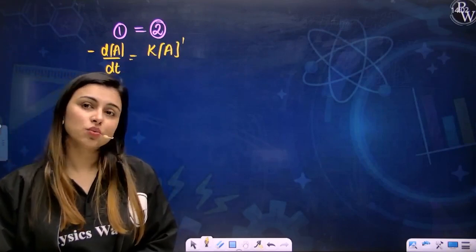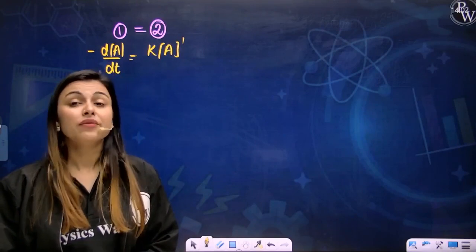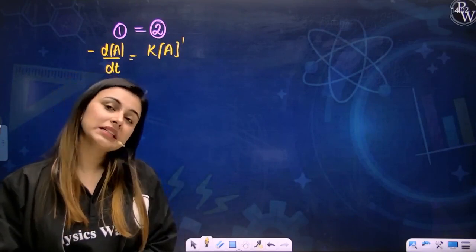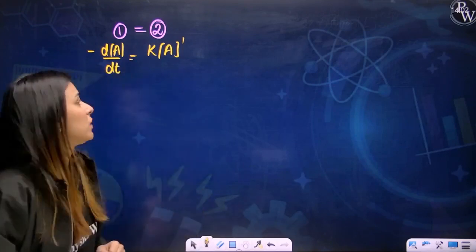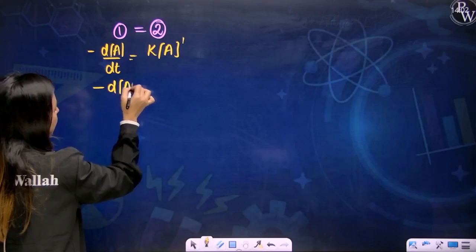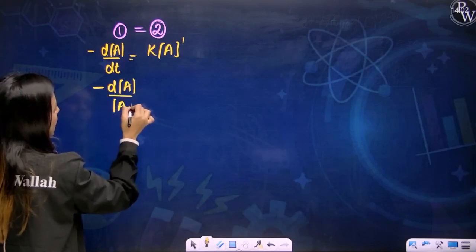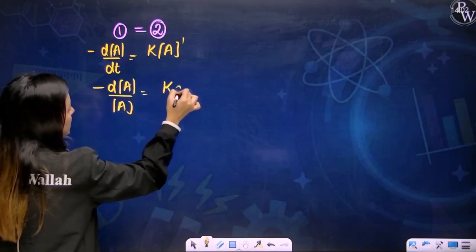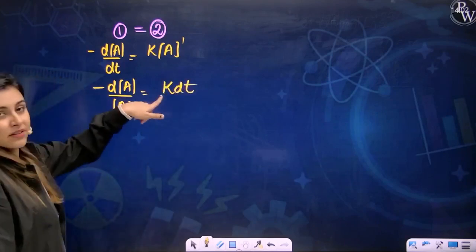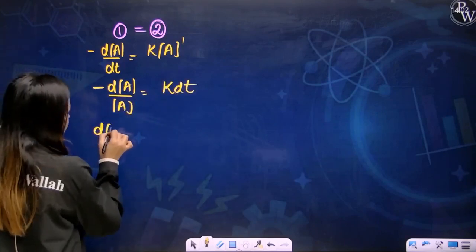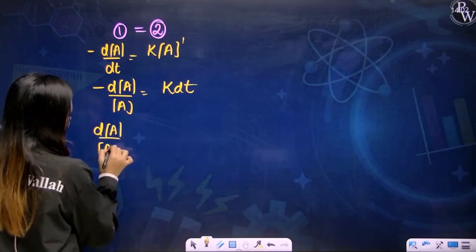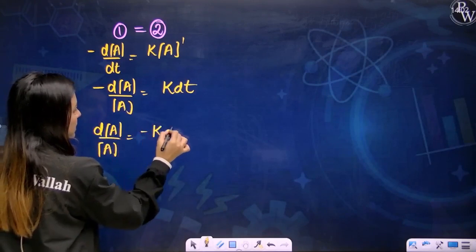Now, my dear students, what are we going to do? We'll be integrating on both sides. Before that, you just cross multiply it and write minus dA by A equal to k dt. Let's put this negative sign here. So this would be dA by A is equal to minus k dt.